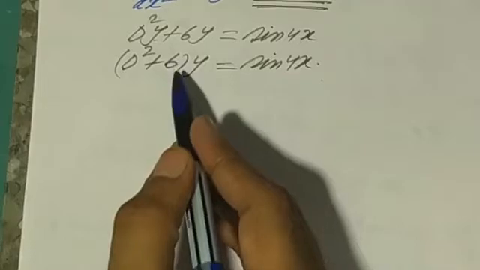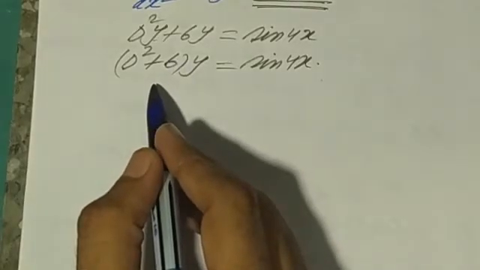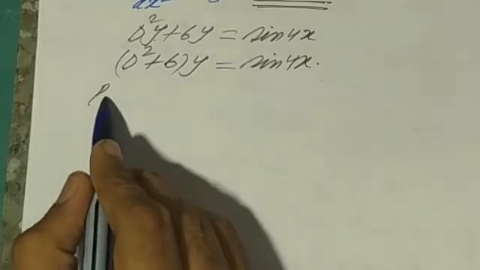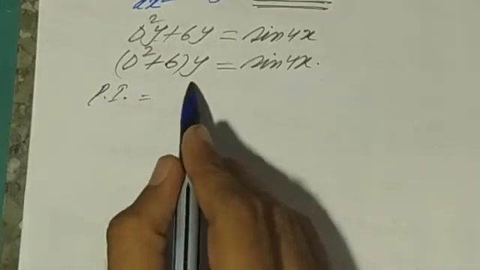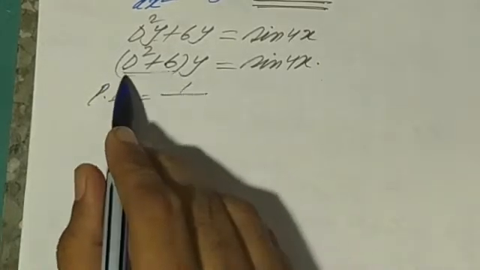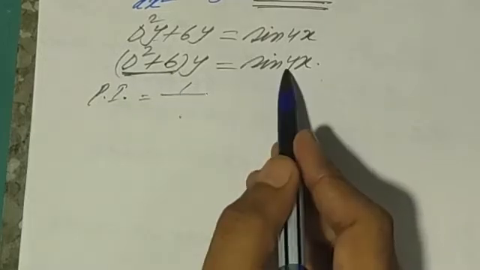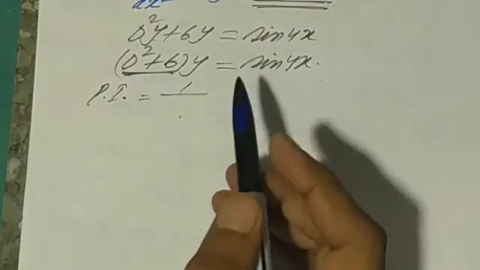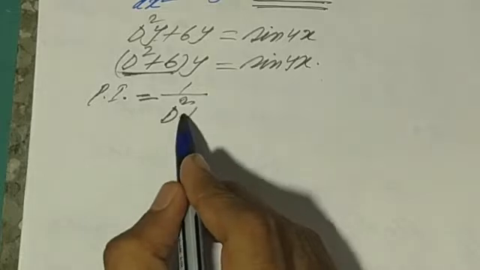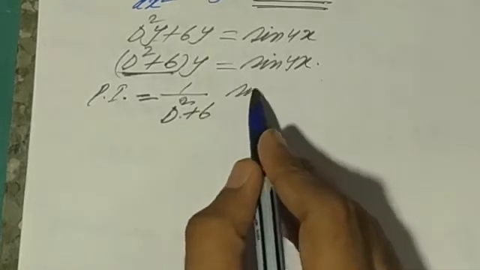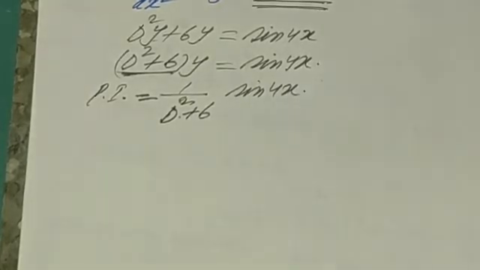And as you know well, the PI of a linear differential equation of higher order is obtained by 1 upon f(D), this expression, and the function on the right hand side, but we have to write down this expression and sin 4x as it is.